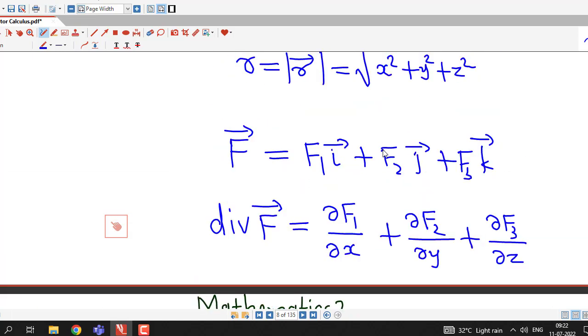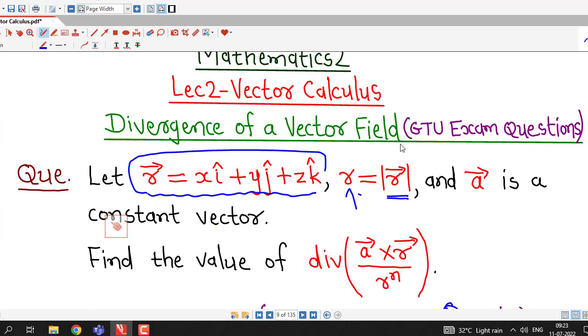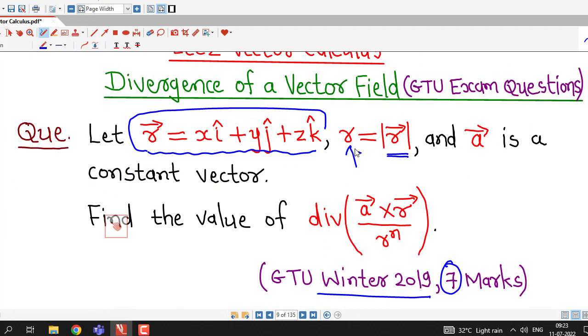So this r, small r, which is a length of vector r bar, is a scalar function. So that is the notation for small r, and it is given that a bar is a constant vector.